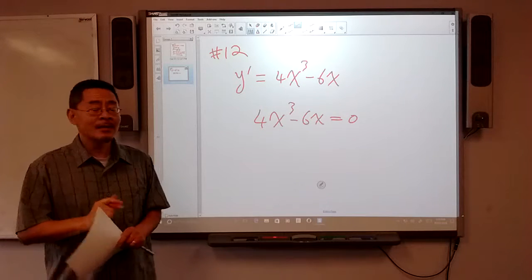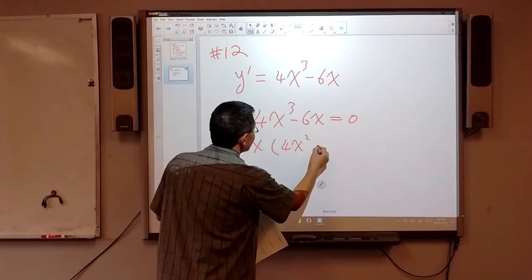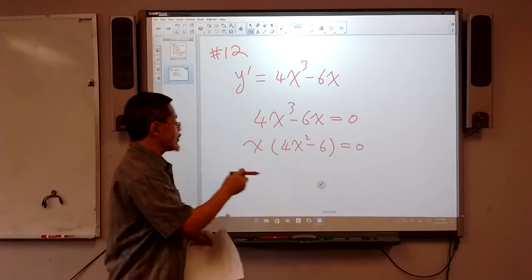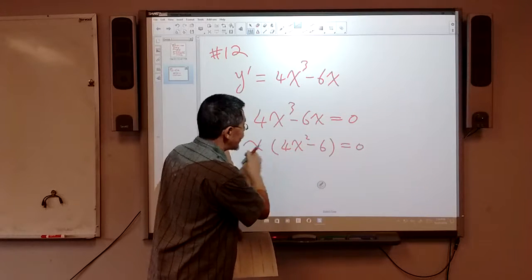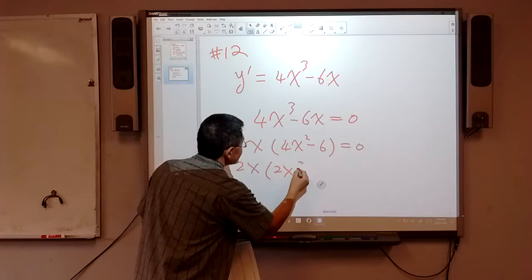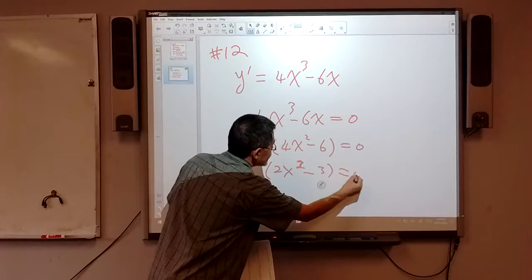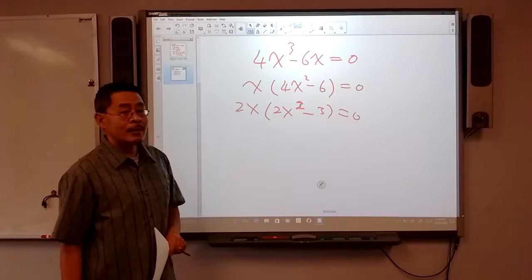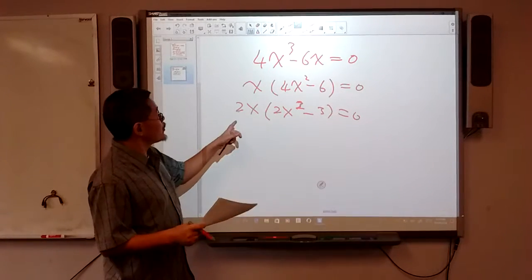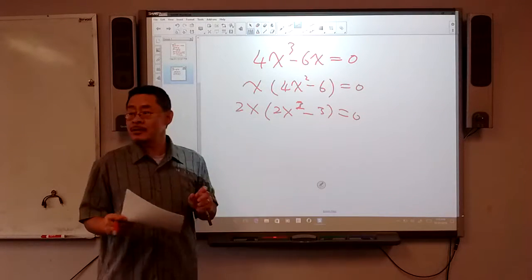So what are we going to do from here? Take a 2x out, right? You can take 2x out. So in order for the derivative to be 0, we have two situations.